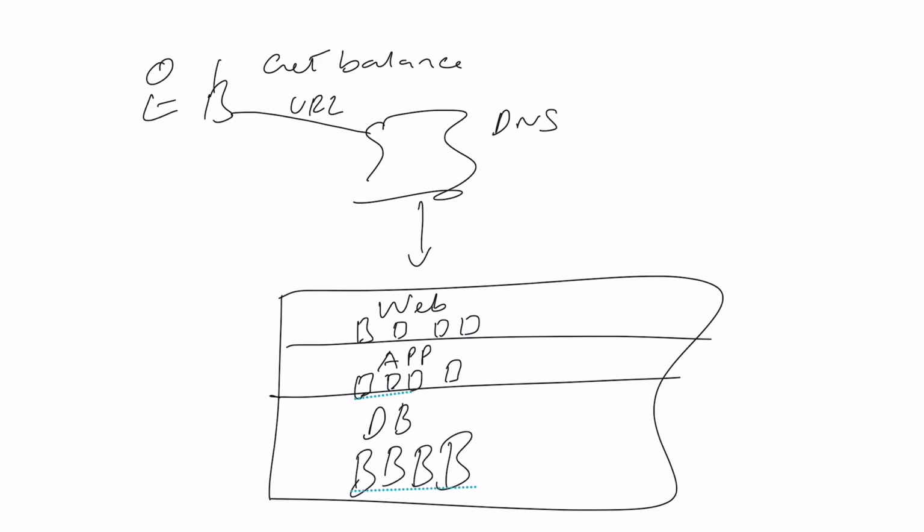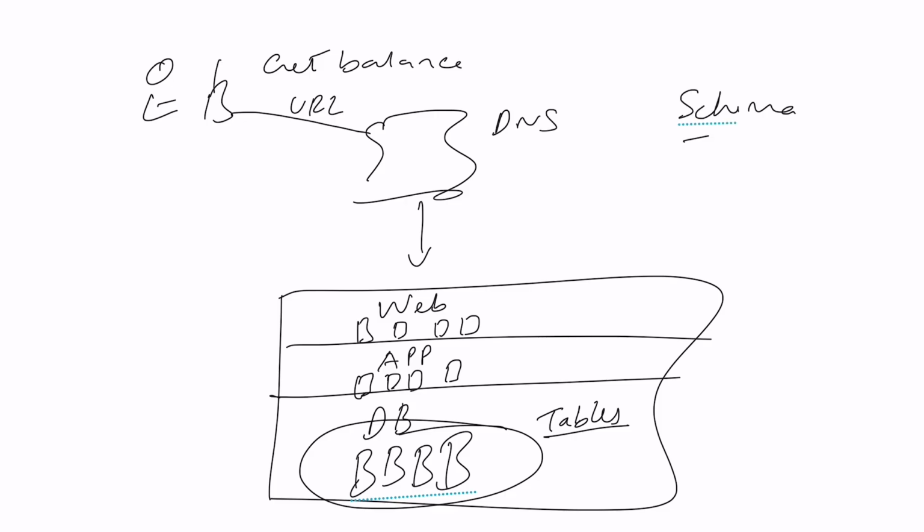This database is something which we just saw. They are nothing but tables, right? Inside these databases are tables, and there are a few concepts which you should know, because there is a structure involved. For example, if I talk about any database, there is something called schema and tables.